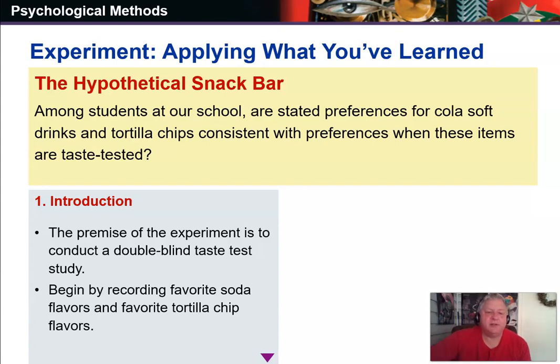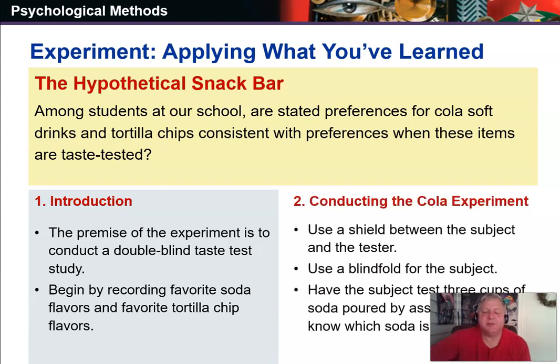Begin by recording favorite soda flavors and favorite tortilla chip flavors. Then you conduct the experiment. Use a shield between the subject and the tester. Use a blindfold for the subject. Have the subject test 3 cups of soda poured by assistants who know which soda is in which cup.